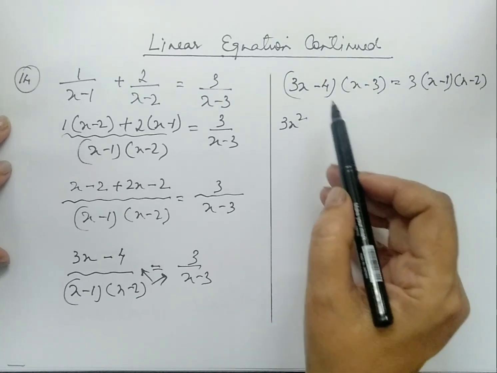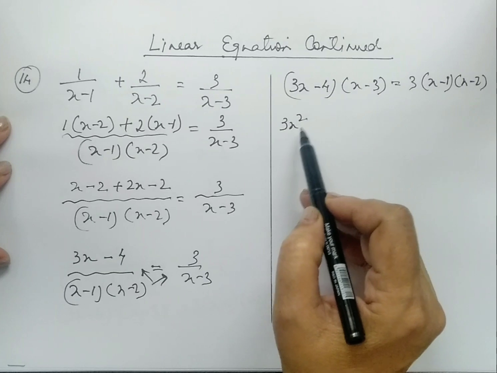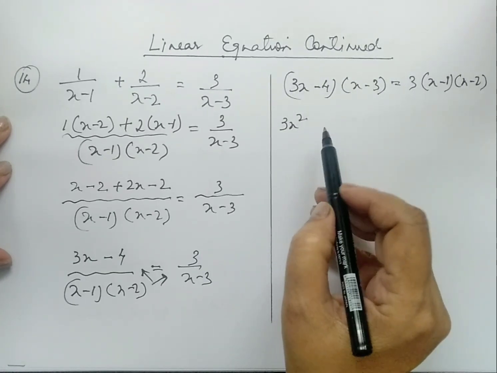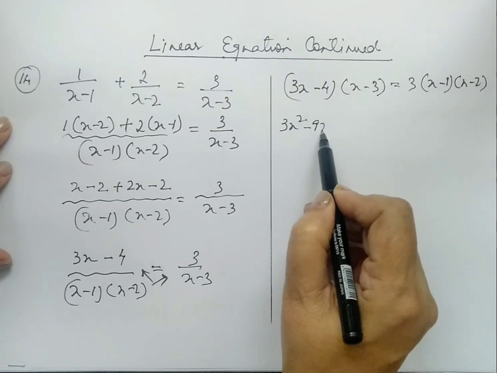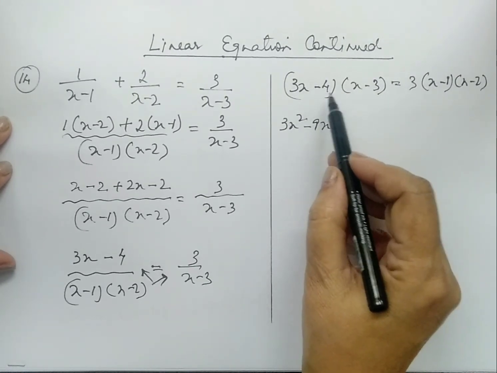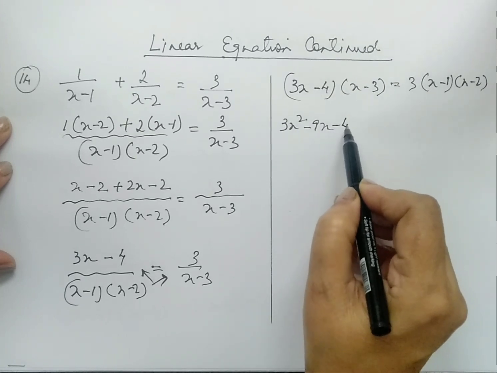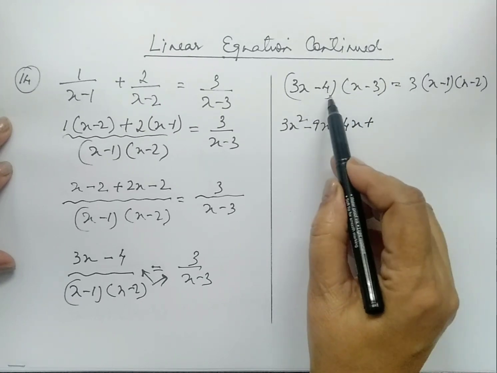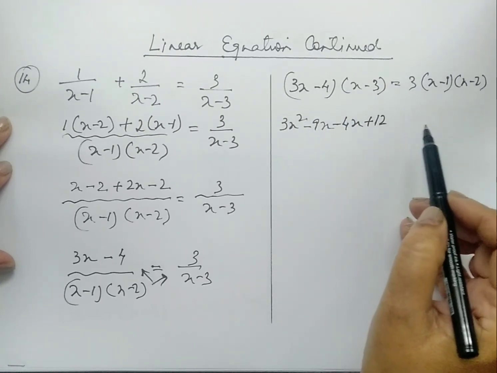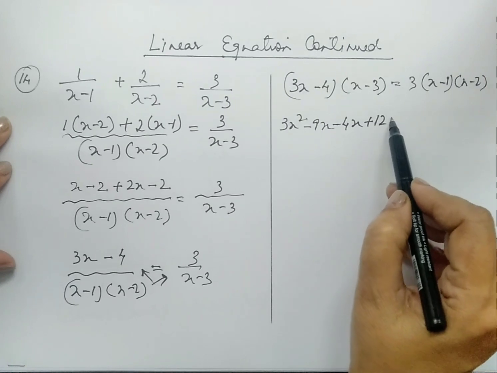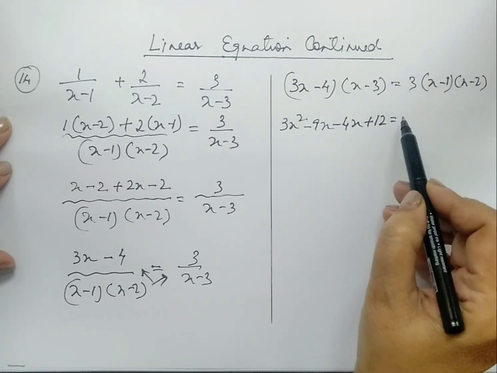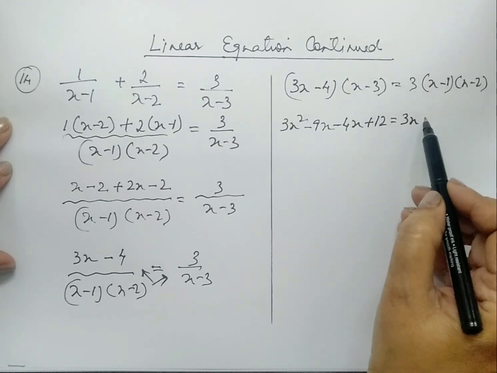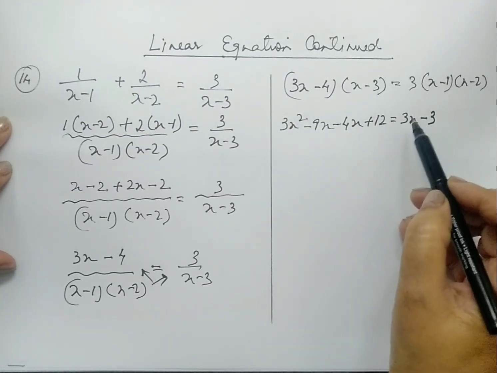Okay, so 3x multiplied by x is 3x square. 3x multiplied by minus 3 is equal to what? Minus 9x. Minus 4 multiplied by x is minus 4x. Alright guys, and minus into minus is plus, 4 into 3 is 12, isn't it? And this side 3 into x is 3x, and 3 into minus 1 is minus 3.